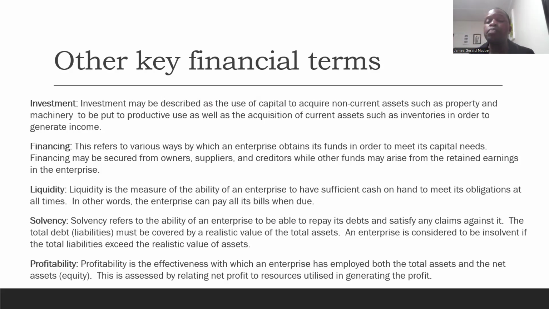If you borrowed 1 million and the total value of all the assets in the company is 500,000, it means you are insolvent because you don't own enough to pay it back. But if you borrowed 1 million and the total assets of the company are 3 million, you have more than enough money as an organization. You can sell some of your assets off and pay it back. So that's solvency, the ability of an organization to pay back all of its liabilities.